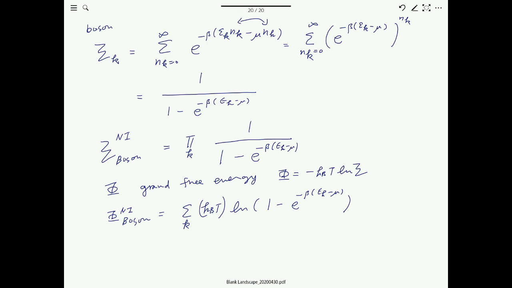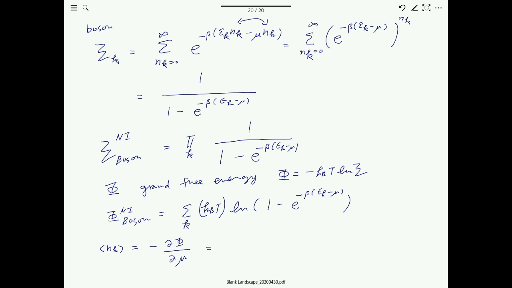Okay, so one of the most important properties is to understand the average occupation number for mode k, which can be calculated by the partial derivative of the grand free energy with respect to the chemical potential.